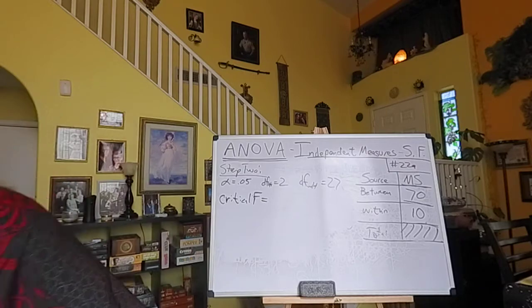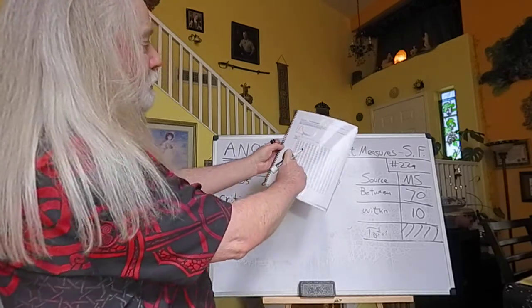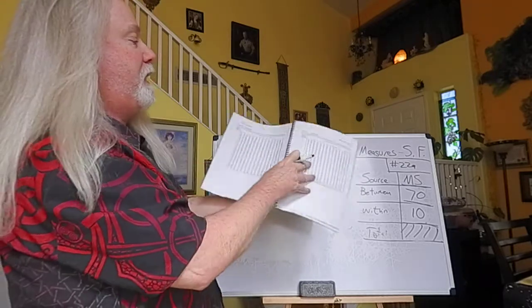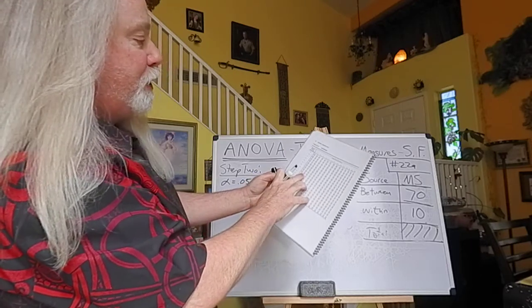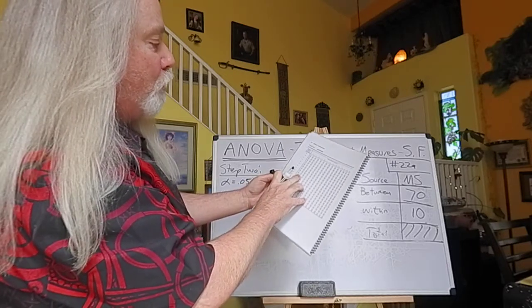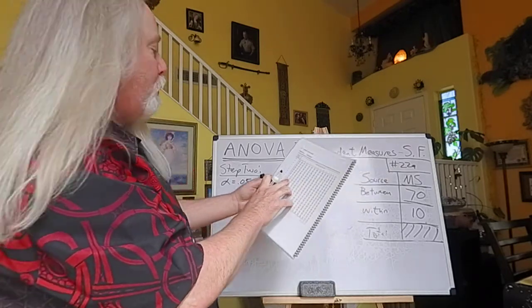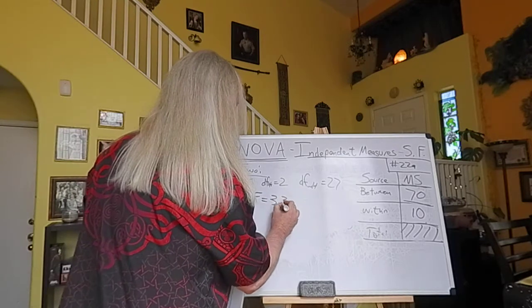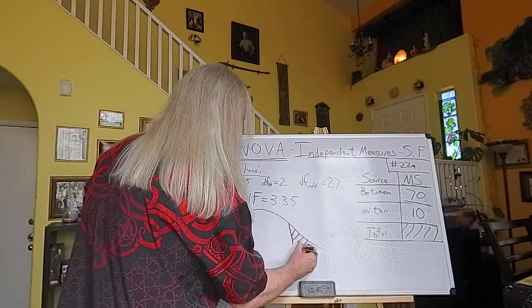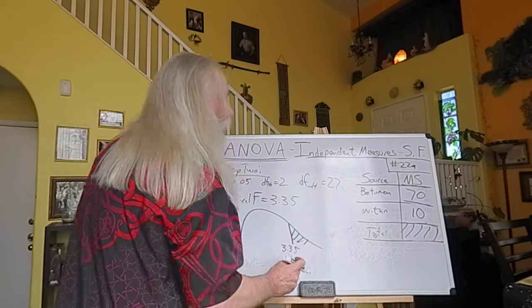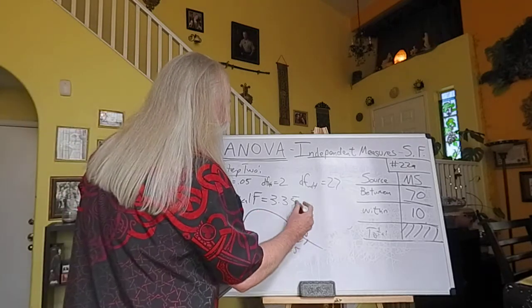So again, we need our table. We go over to 2, and we need to go down to 27. Well, this page ends at 18, so we got to turn to the next page. 2 and 27. Our choices are 3.35 or 4.49. We're doing the 0.05 level, so we want the light face option, 3.35. Our F statistic was 7.00, so that's going to be over here.